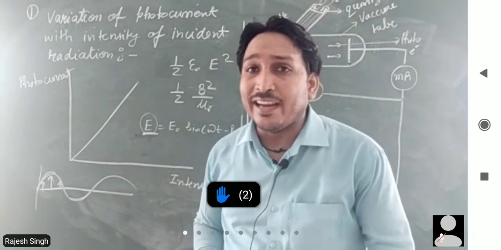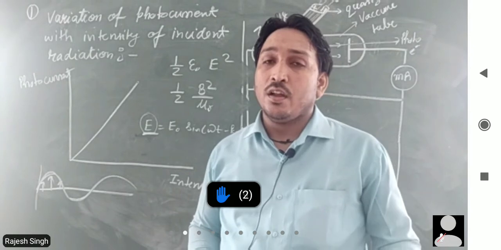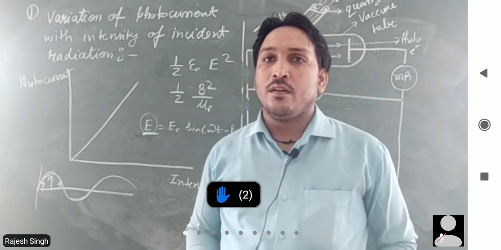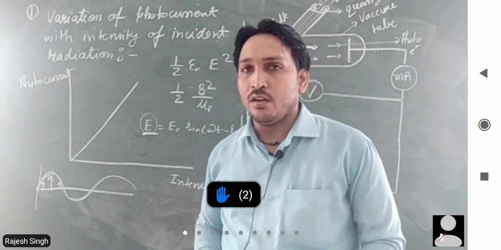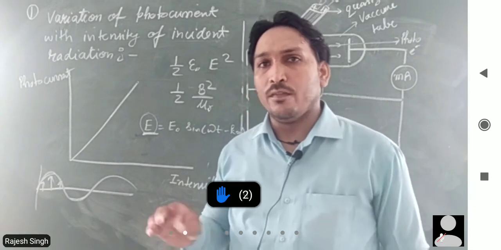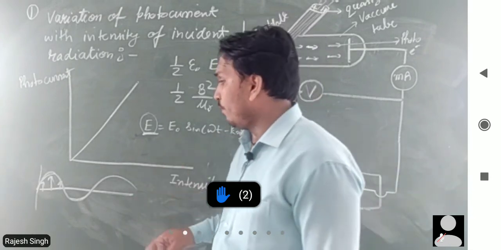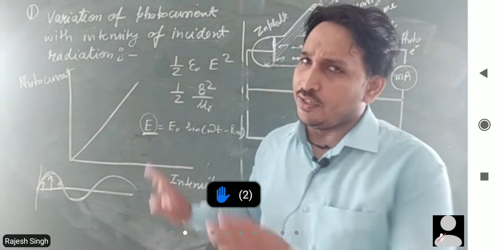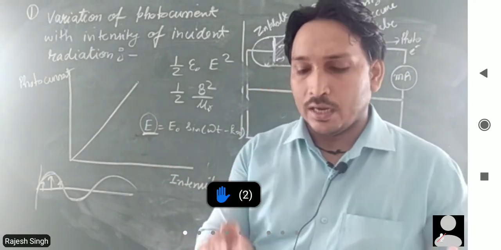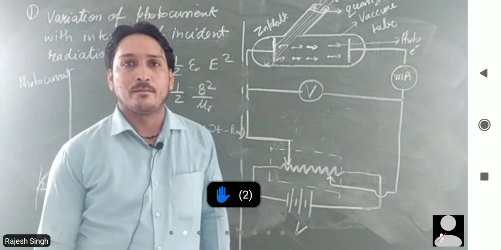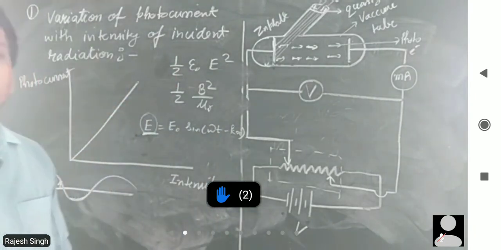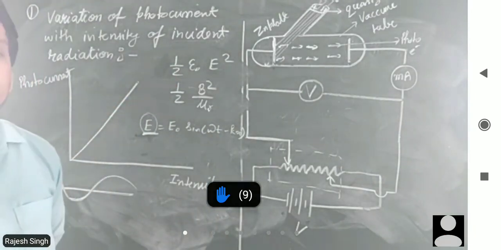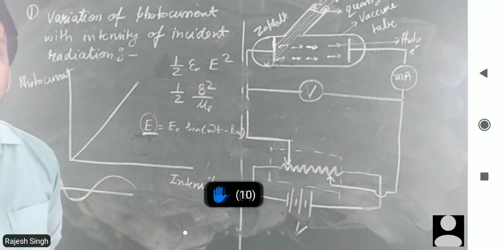We are trying to explain the photoelectric effect with the wave theory, right? So as we expected, with the intensity, current should increase. It is increasing. There is no problem. Have you got that? Raise your hand. Okay.